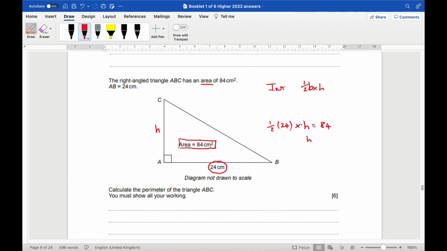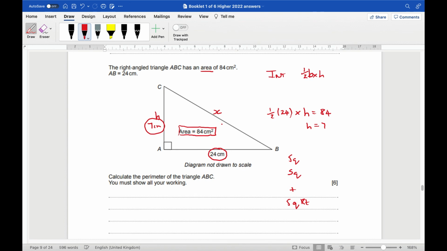Well, 84 divided by 12 means the height is 7. Again, still not enough info for the perimeter. I still need to know this side to add them all together for the perimeter, but I now know two sides of a right angle triangle, so I can use square, square, add, square root to get the final side, and then add them all together to get the perimeter.